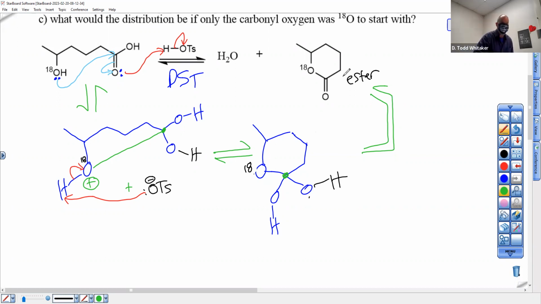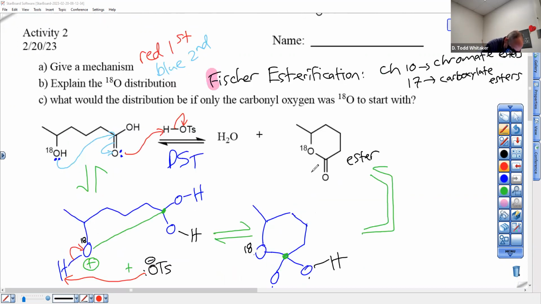Yeah, you can't call this whole thing dehydration. It's a condensation, right? Fischer is the classic condensation, by the way. And every condensation reaction has somewhere in its overall mechanism a dehydration step.